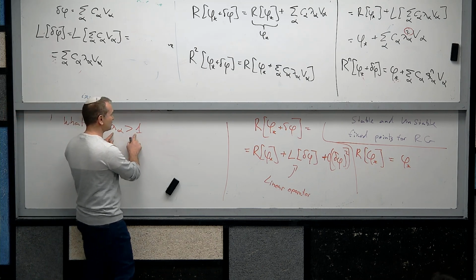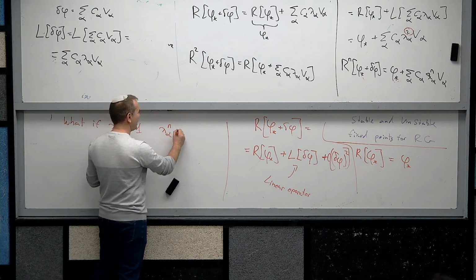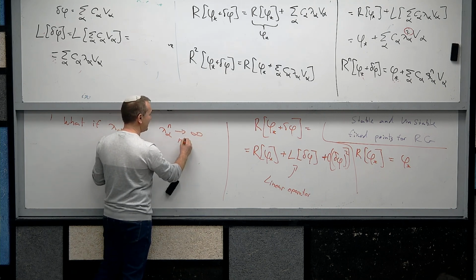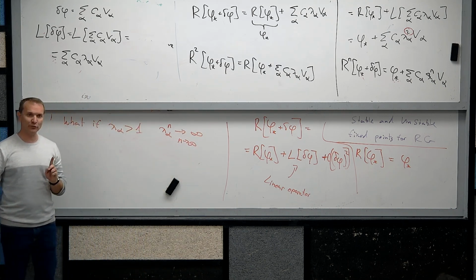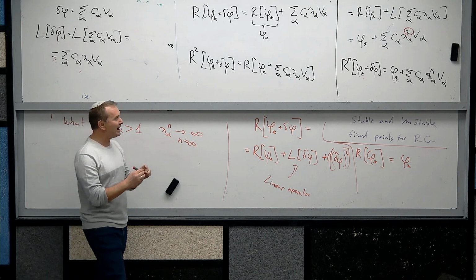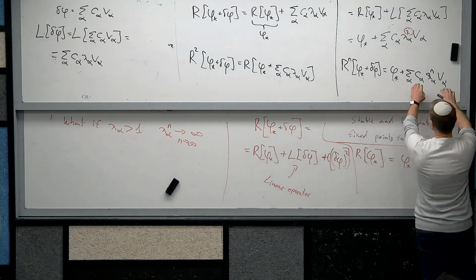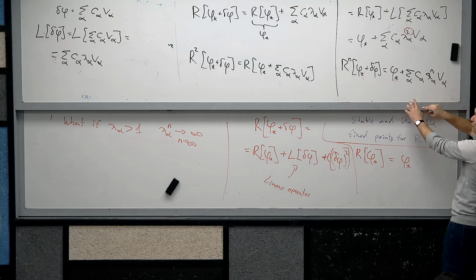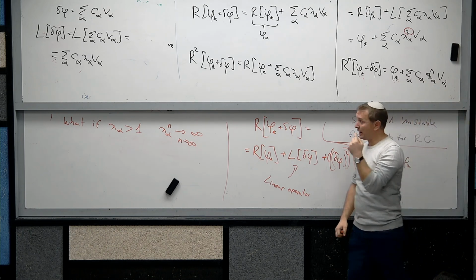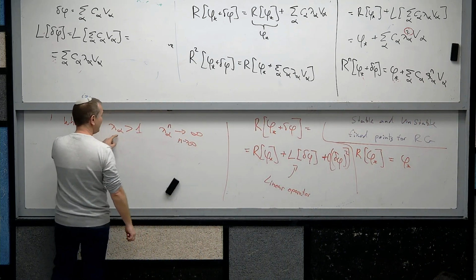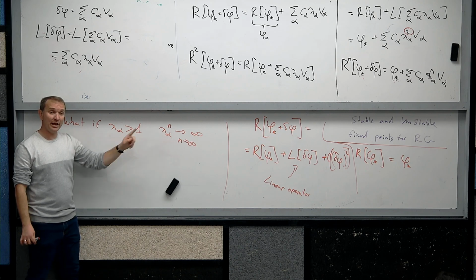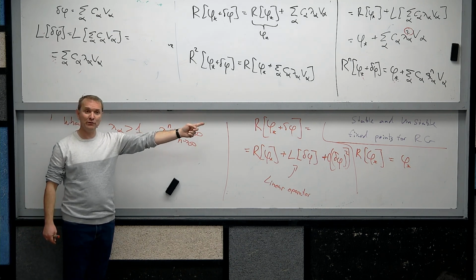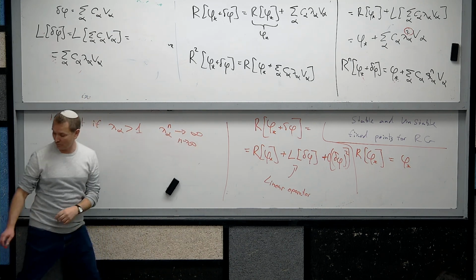When lambda alpha is greater than 1, lambda alpha to the power n goes to infinity as n goes to infinity. Instead of converging, remember, I need that after I apply a sufficient number of RG steps, this term will disappear. This is what I want, right? Now, if lambda is larger than 1, then I'm flowing away from the fixed point.